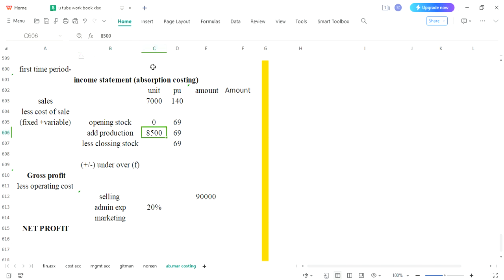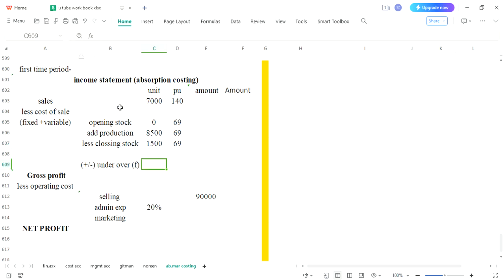Closing stock is not given in the book and you will decide whether you have closing stock or not. 8500 units were produced while you were able to sell only 7000. Total units produced 8500, 7000 units are sold. How many left? 1500 are still unsold. So this would be the units for your closing stock.